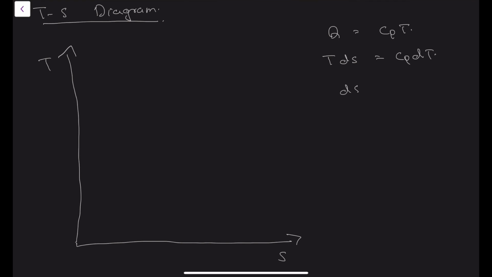That means dS is equal to Cp into dT by T. So if you integrate between the limits 1 and 2, S2 minus S1 is equal to Cp into log T2 by T1. So this is the relationship connecting entropy with the temperature. That means as temperature increases, from this relationship you can see that the entropy also increases. Okay.